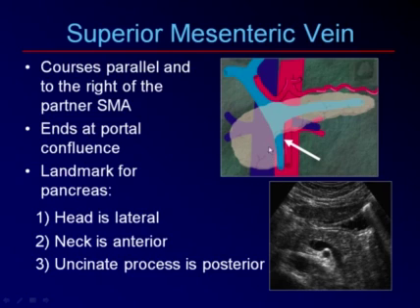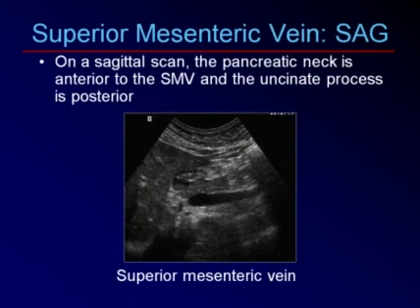The head is lateral, the neck is anterior, and the uncinate process hooks posterior to the superior mesenteric vein. So we use that as a landmark, and here we have the head of the pancreas, the uncinate behind this portal confluence, and neck in front of the portal confluence. If we were a little lower, we would see it in front of the vein itself.